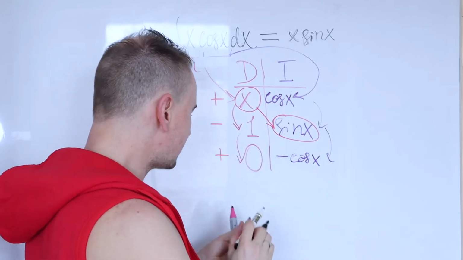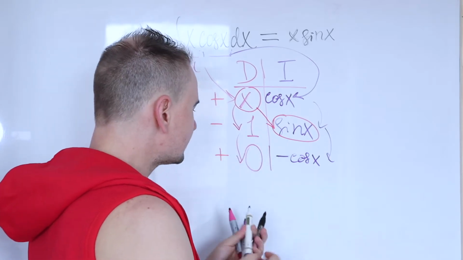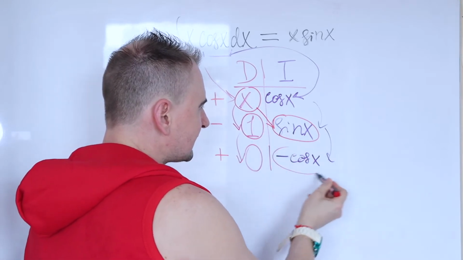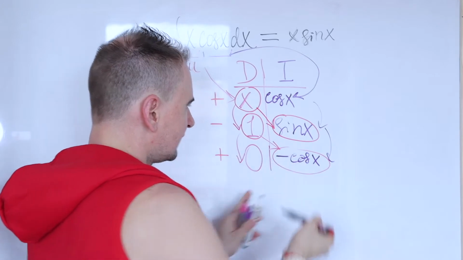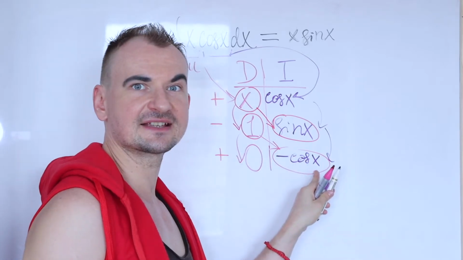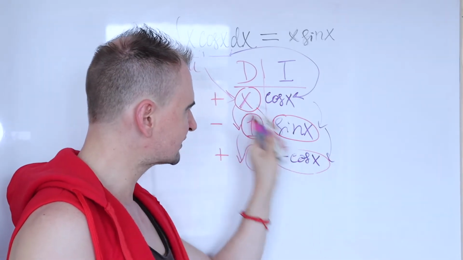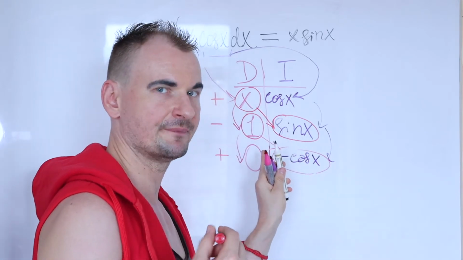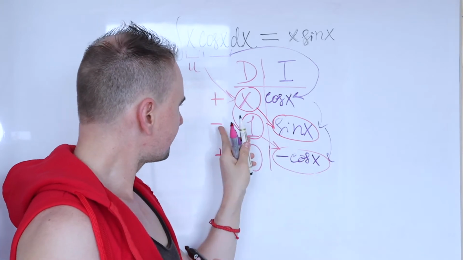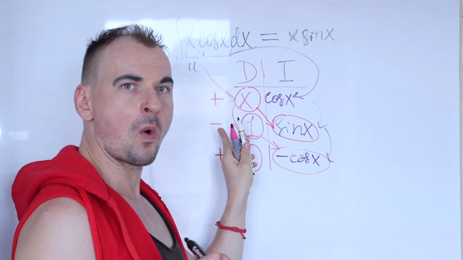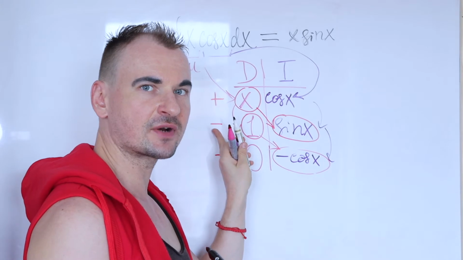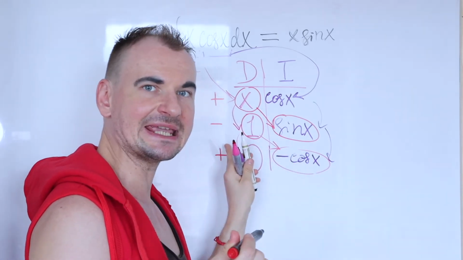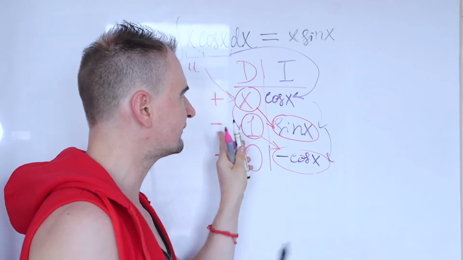Moving on, for the next one, I'm going to take this one and multiply it by negative cosine x. So again, you multiply your diagonals in your table. But because this row requires a negative in front, this product has to be taken with a negative.